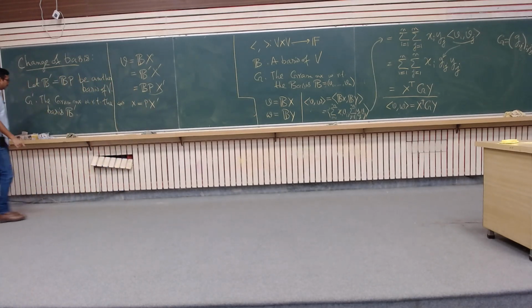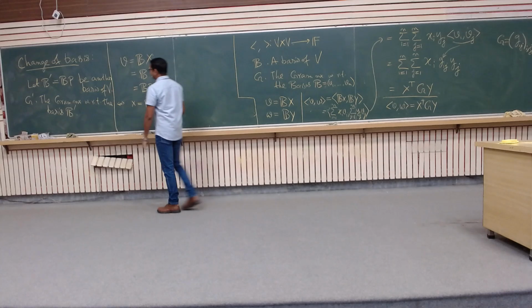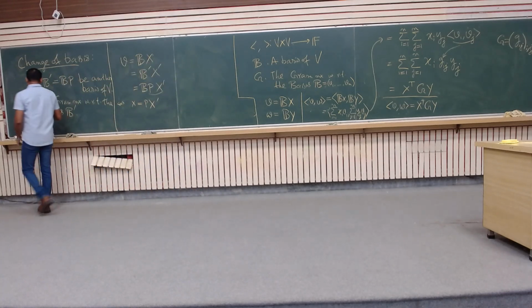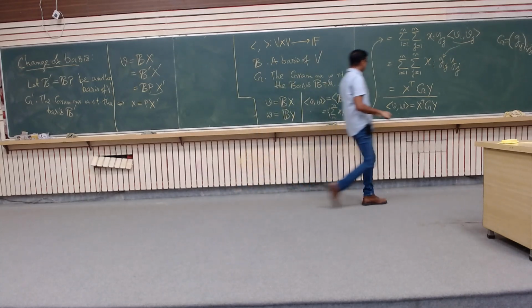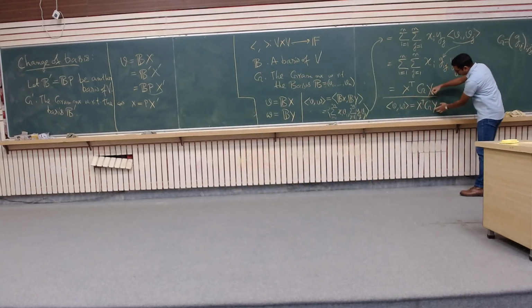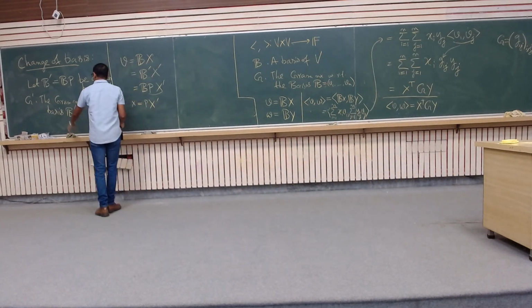So now what we are going to do. We know that <v, w> is x transpose G y, right? And suppose G dash is a new gram matrix.